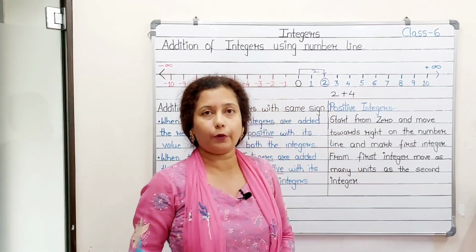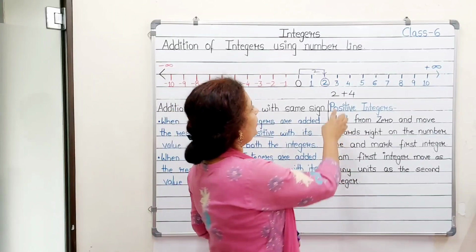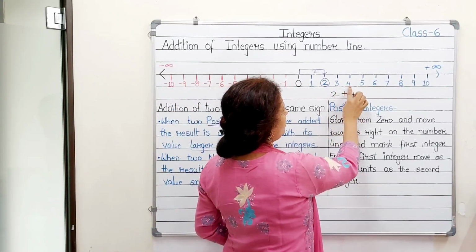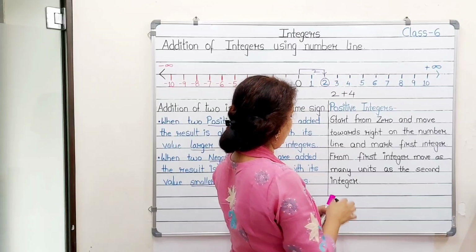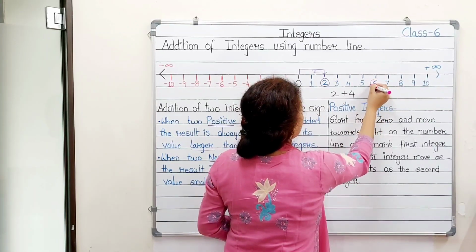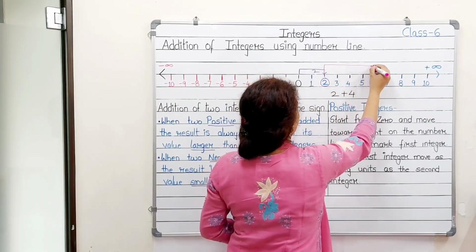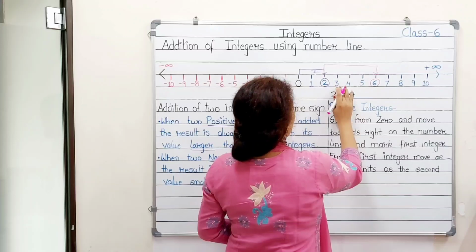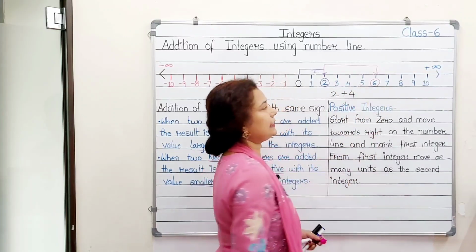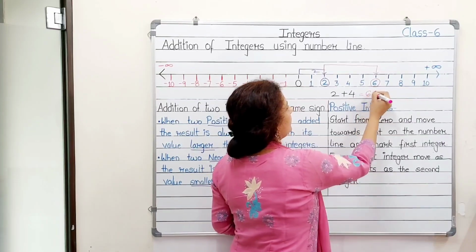The second integer is 4. So we will move 4 units to the right. 4 units to the right means 1, 2, 3, 4. So we will mark it. Starting from 2, 4 units, 1, 2, 3, 4, we reach 6. So here the result is 6.